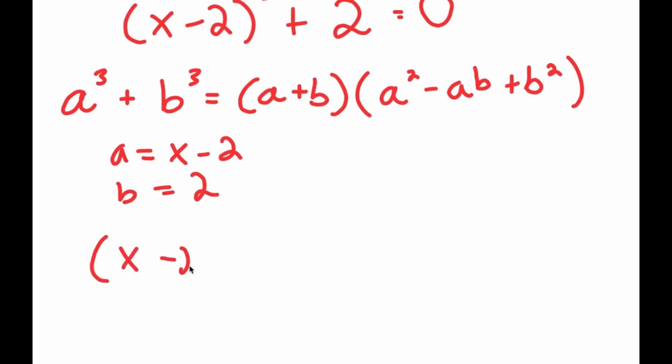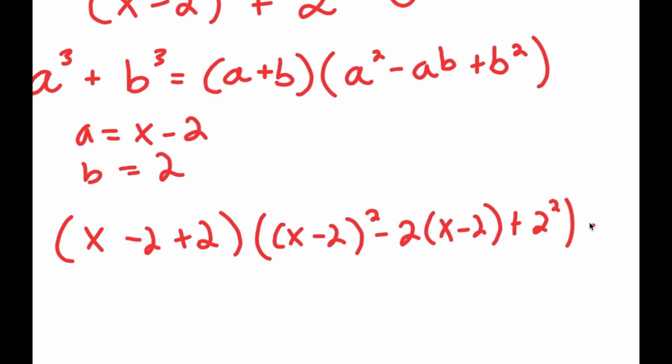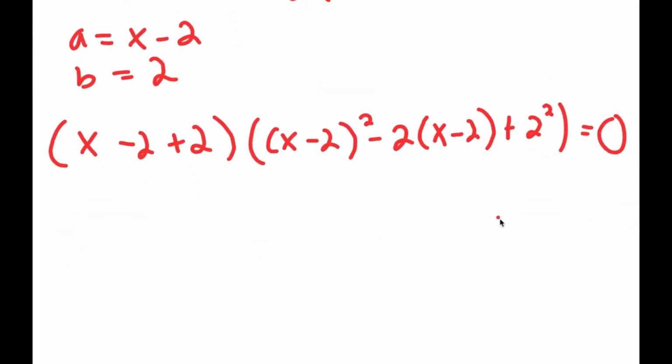So I get (x minus 2 plus 2) times ((x minus 2) squared minus 2 times (x minus 2) plus 2 squared). And this is equal to 0.